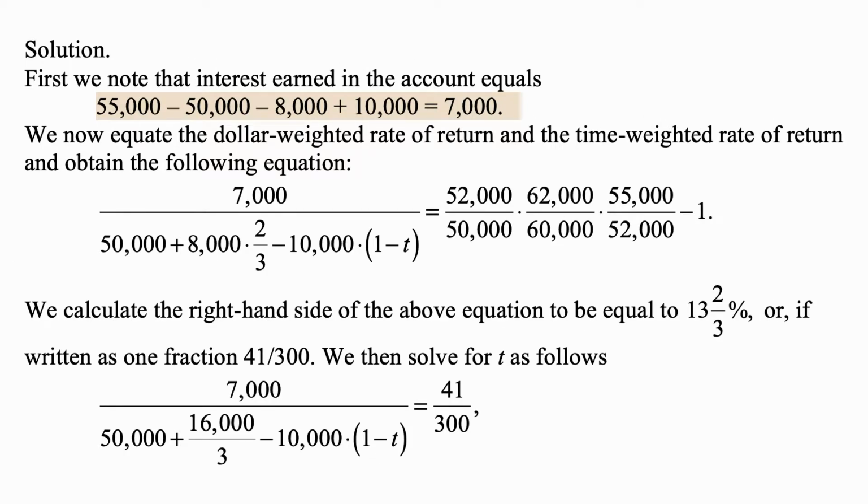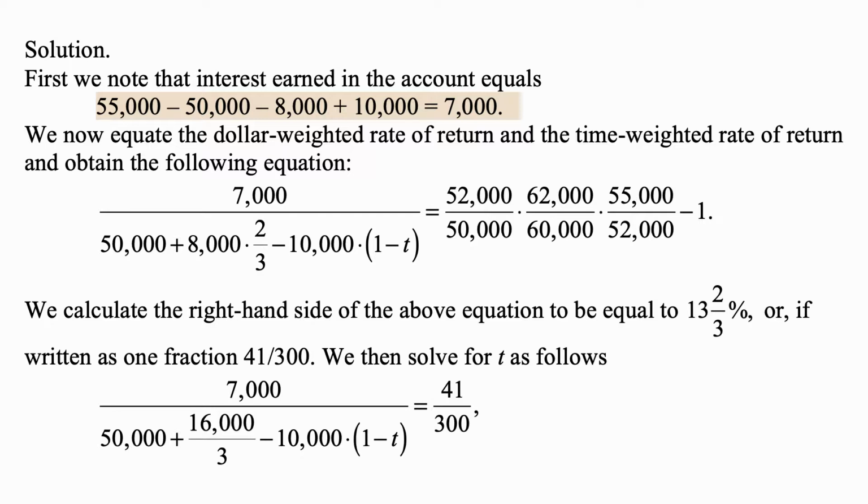And here's the solution. First we note that interest earned in the account equals the amount at the end, which is $55,000, minus the amounts deposited, the initial balance of $50,000 and $8,000 deposited, plus the $10,000 that is withdrawn.